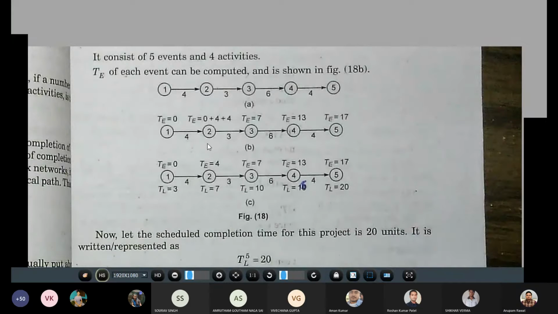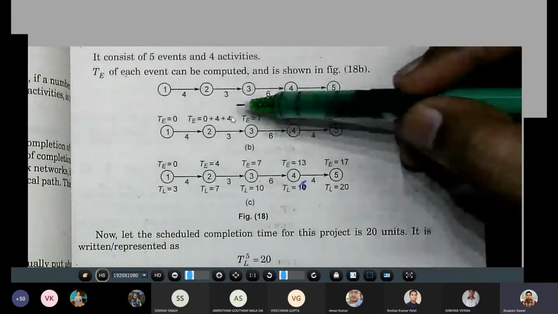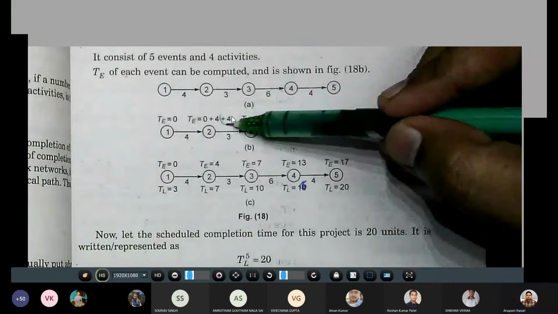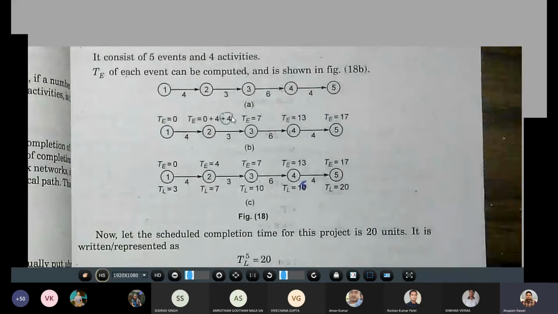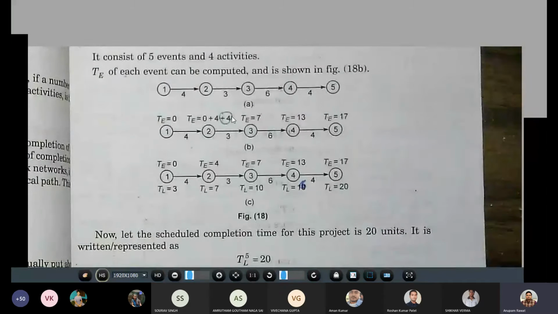Here you can see, first TE is calculated as 0. Second, TE is 0 plus 4. For the next, the TE is 7.